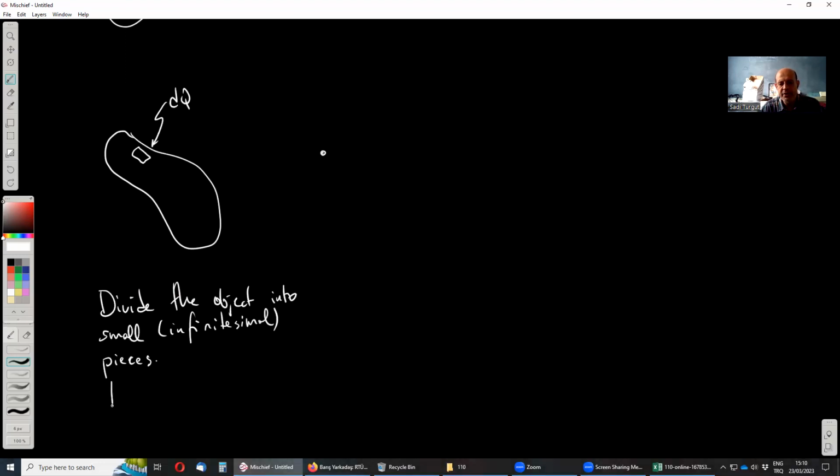In any case, all of these infinitesimal quantities I'm going to show with this d symbol. dq is an example. That's the charge on one of these pieces, right? For that charge, we think about the distance to the point in question and the electric field produced by that charge.